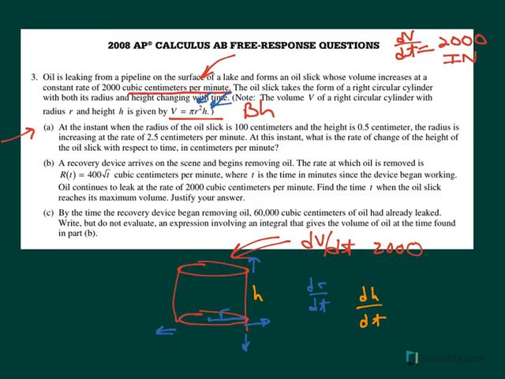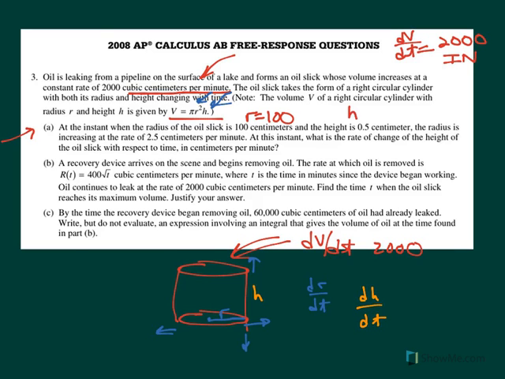So part A, at the instant when the radius of the oil slick is 100 centimeters. So they're telling you that r is going to be 100. So that's your instant in time. So r is going to be 100, and the height is going to be 0.5.